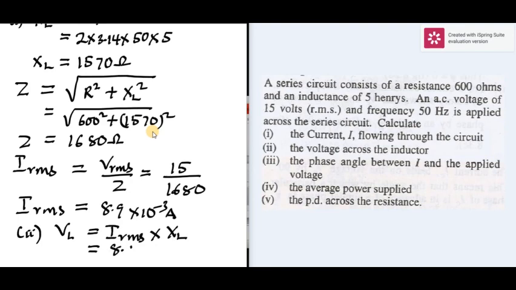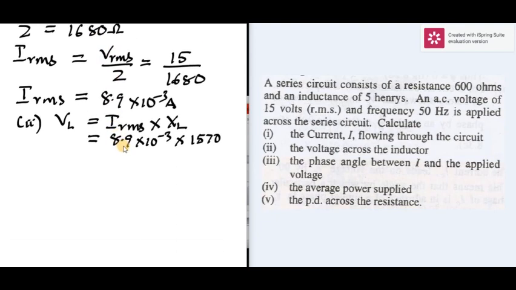That is 8.9 times 10 raised to the power minus 3 times 1570. That will give us the voltage across the inductor as 13.9, which is approximately 14 volts.